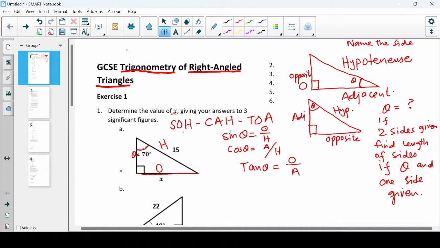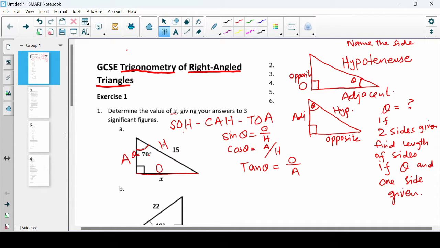We do not know the adjacent, but we need to know this x, that is opposite. So we have to find the function in which the angle, hypotenuse, and opposite, these three things, are present.